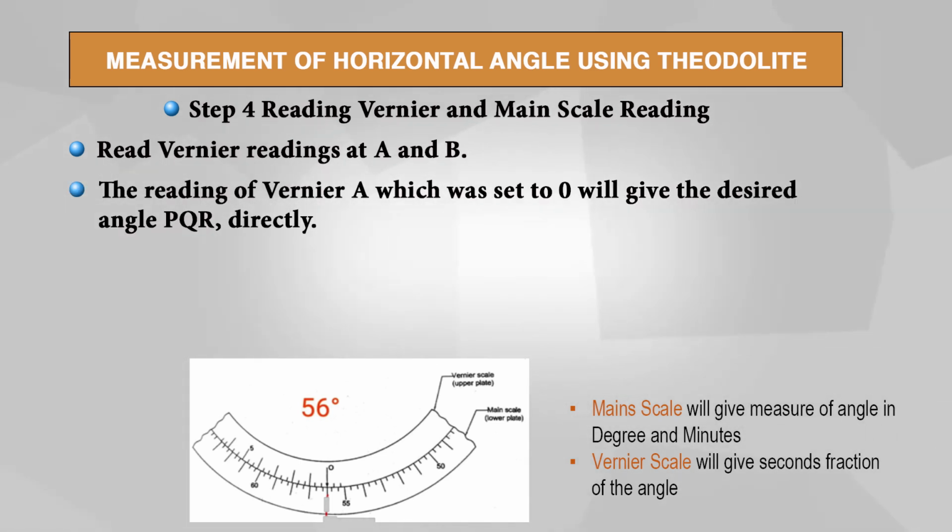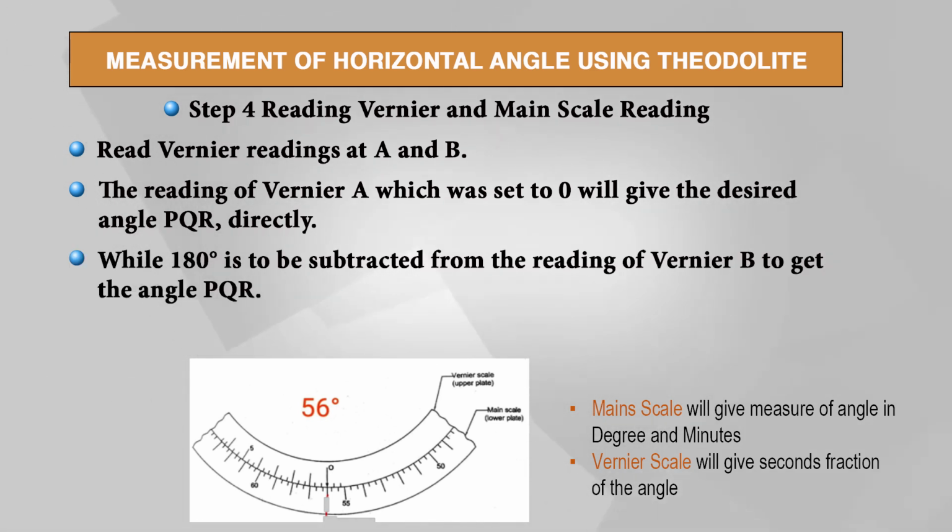The reading of vernier A, which was earlier set to 0, will give you the desired angle PQR directly, whereas 180 degrees is to be subtracted from the reading of vernier B to get the value of angle PQR.